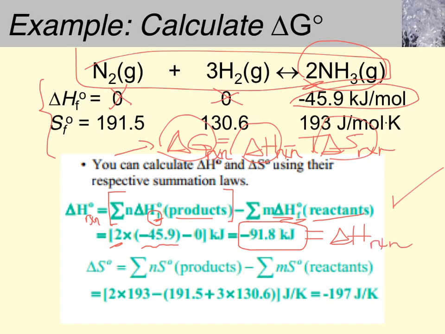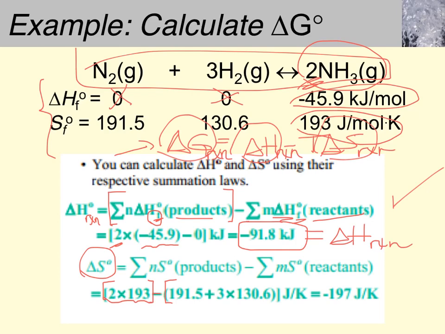Okay, great. We do the same thing with entropy. The entropy of the products. So entropy of ammonia, 193. There are 2 ammonia, 2 times 193. And that is our product. Subtract the sum of the entropy for all of the reactants. Remember, entropy is never 0.